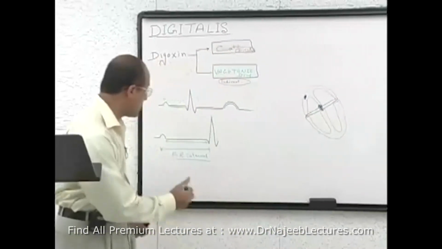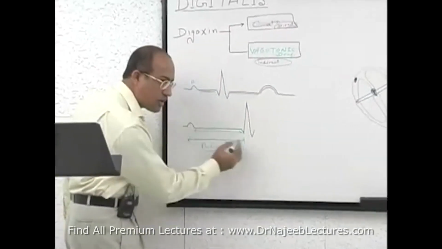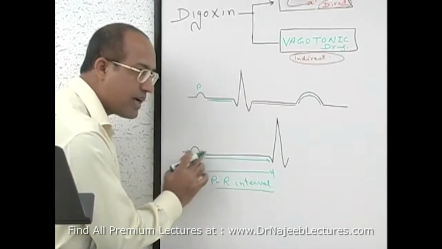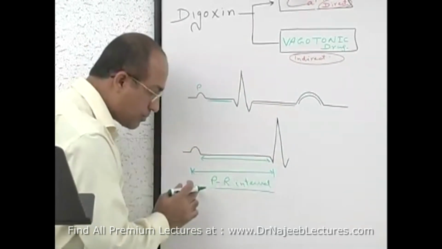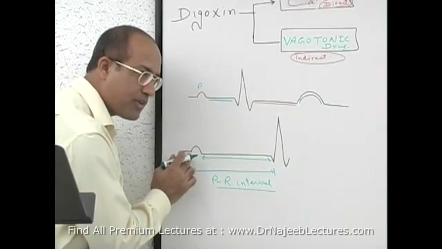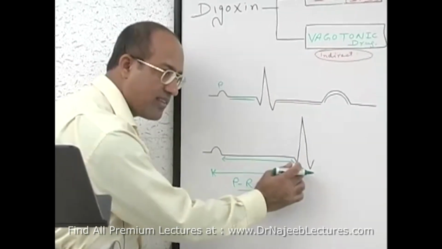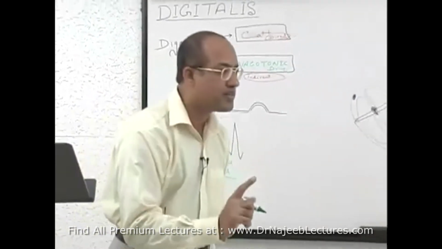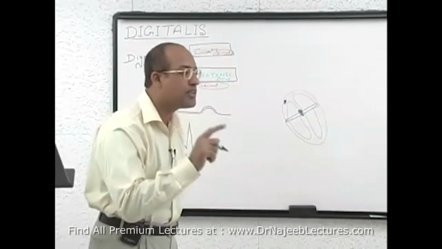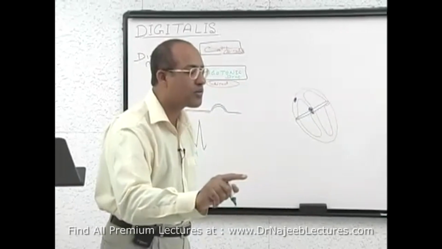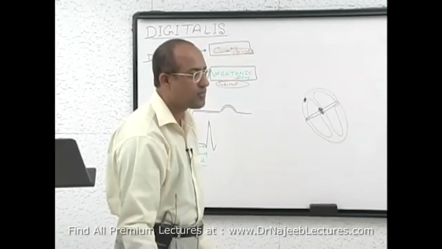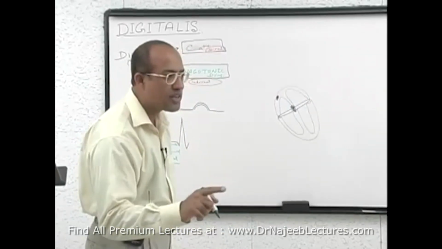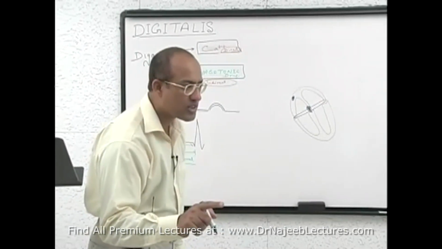Remember, the PR segment is at the end of the P wave up to the beginning of QRS. But the PR interval is from the beginning of the P wave up to the beginning of QRS. This is a rule: all those phenomena and drugs which inhibit the AV node lead to PR interval prolongation.